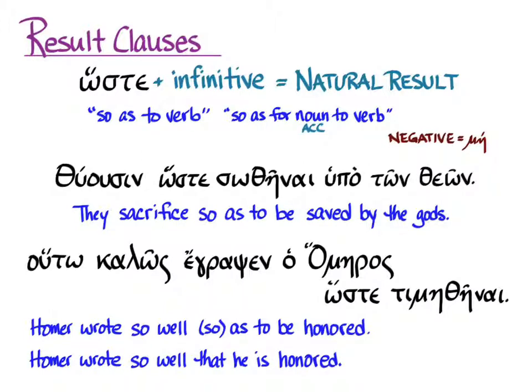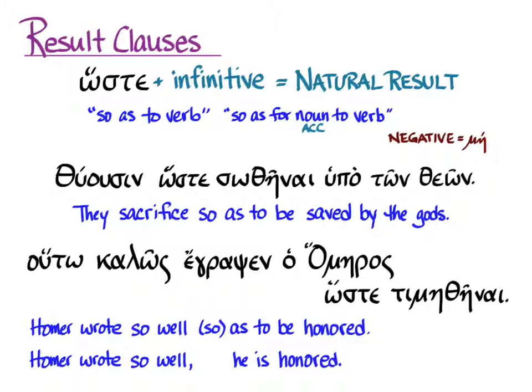I think Hansen and Quinn gives you the default translation so as to, or so as for to be, because they want you to be able to keep an infinitive in English for natural result clauses, which have infinitives in Greek. But it's not very idiomatic English. Homer wrote so well that he is honored is the natural result, what we might expect. You could also say, Homer wrote so well, he is honored.